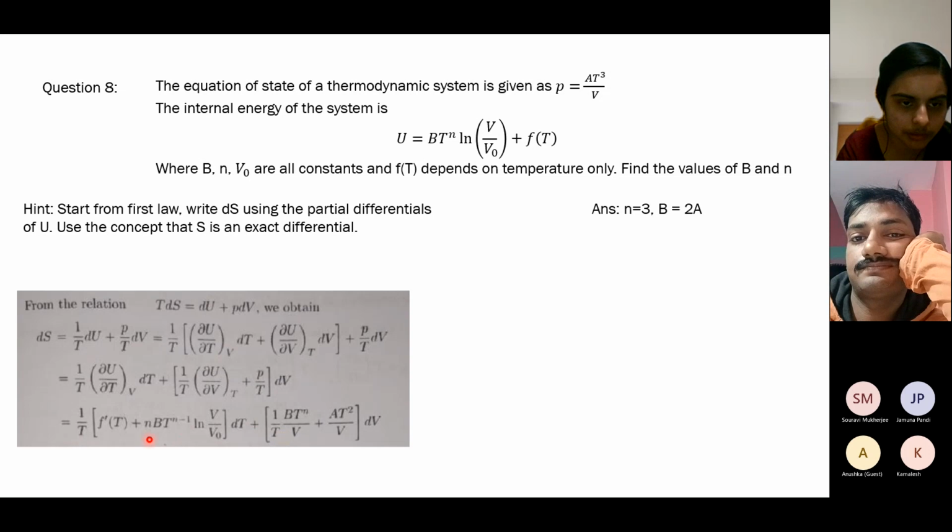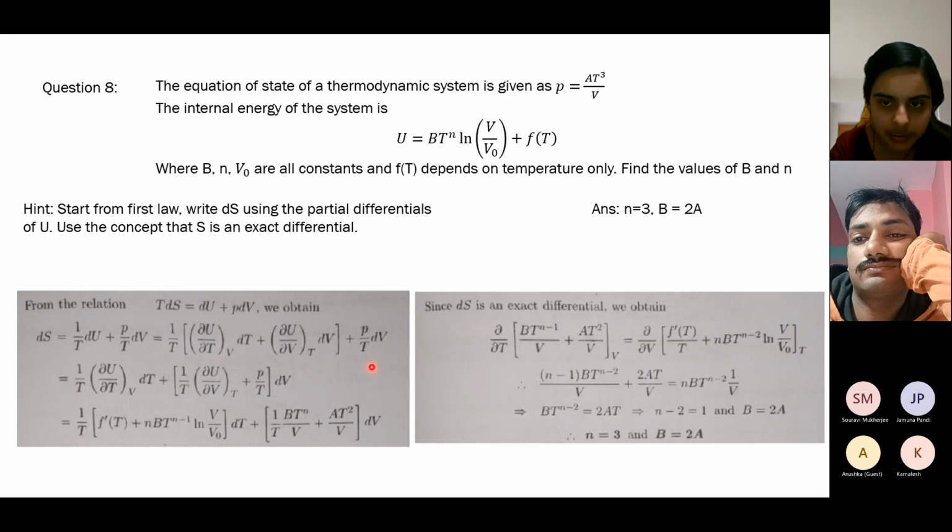So this is matching, right? Then the concept that we will be using is that S is an exact differential. So this term here can be written as del S del T at constant volume, and this term can be written as del S del V at constant temperature. And then we differentiate these two terms.